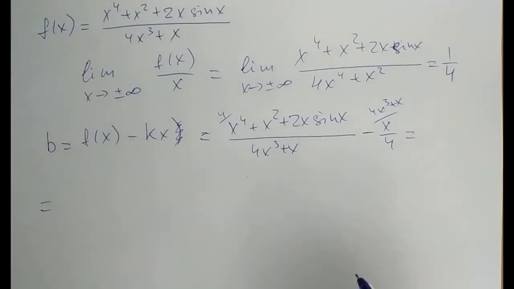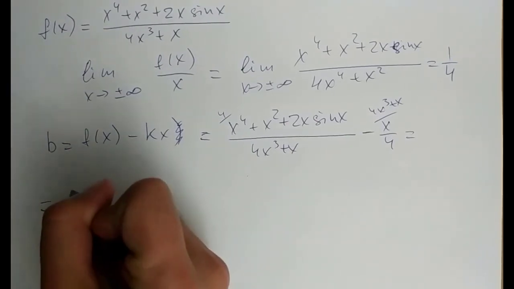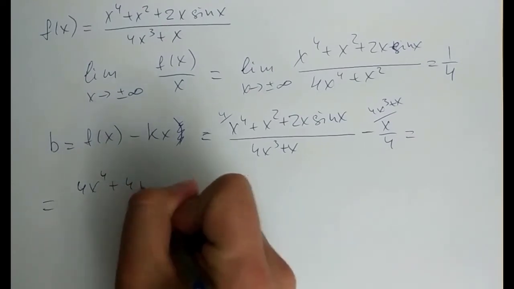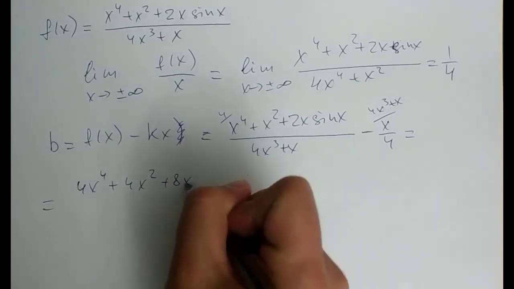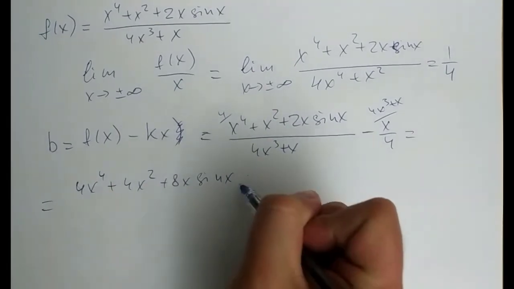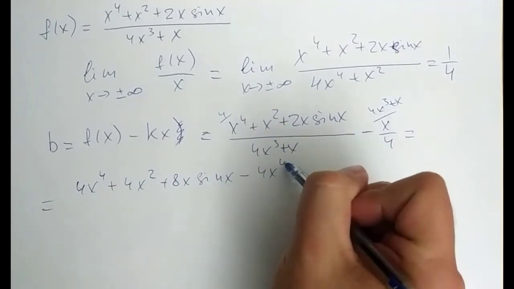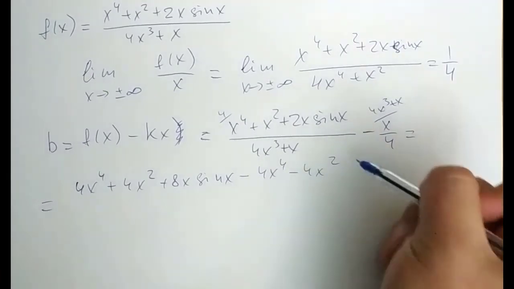We have here the difference is 4x fourth plus 4x squared plus 8x sine x minus 4x fourth minus 4x squared.